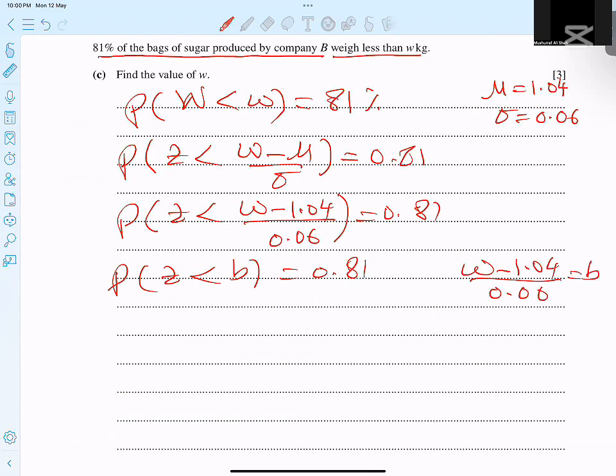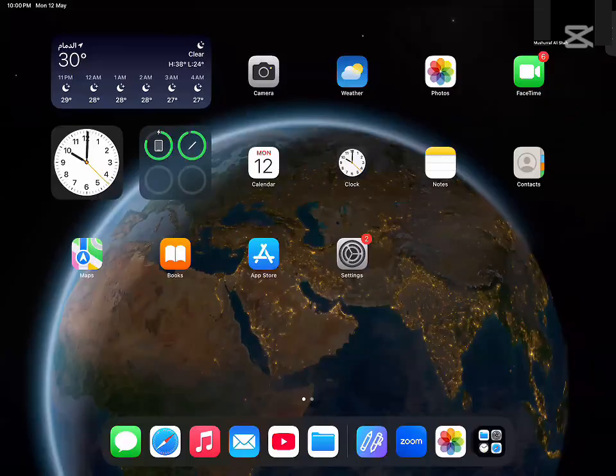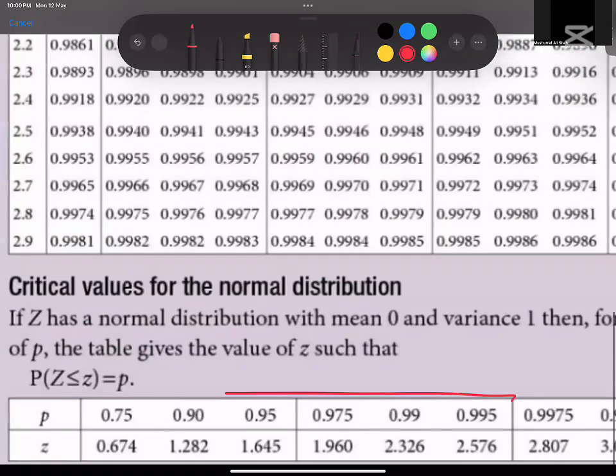If I take a bell shape with a positive value, this is called less than B. So phi of B equals 0.81. I will check the table for 0.81. Sometimes some values are not given exactly.